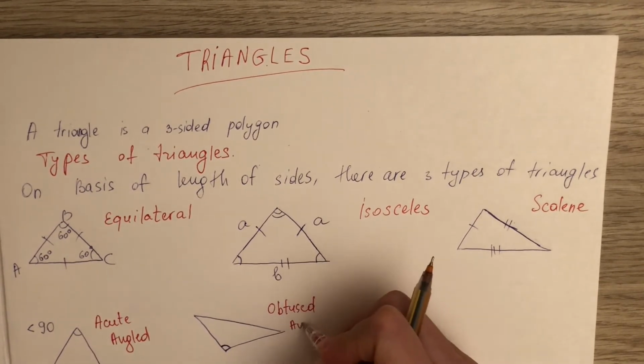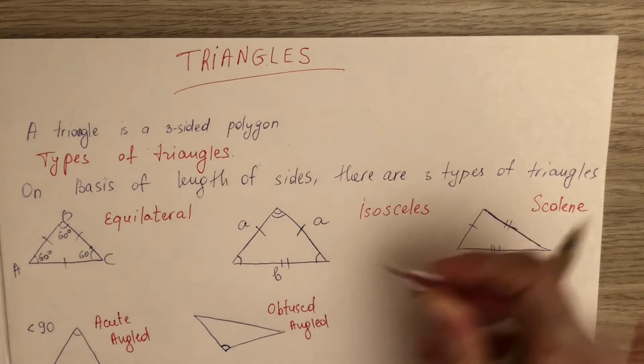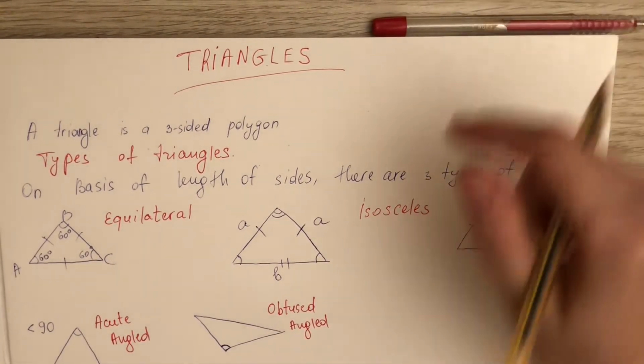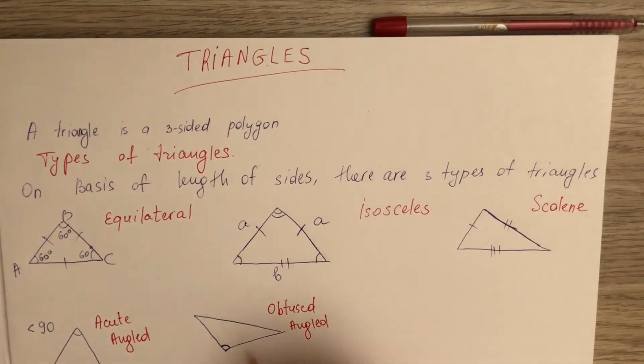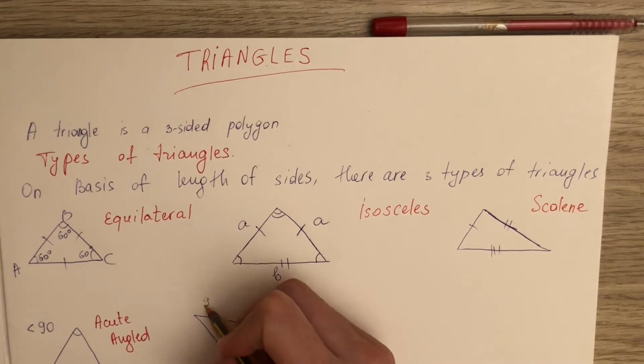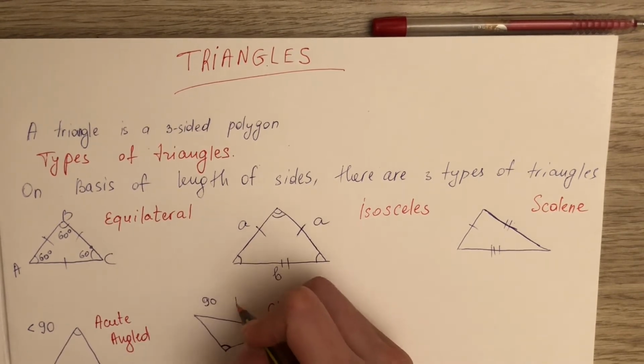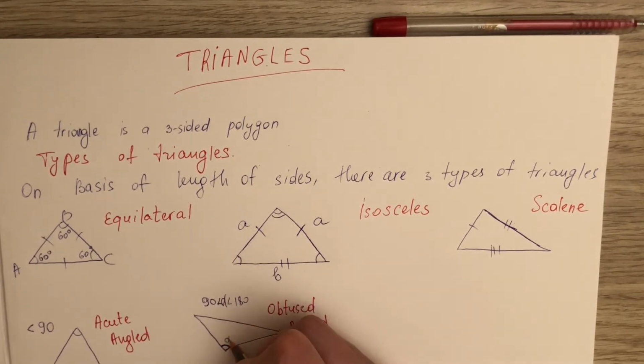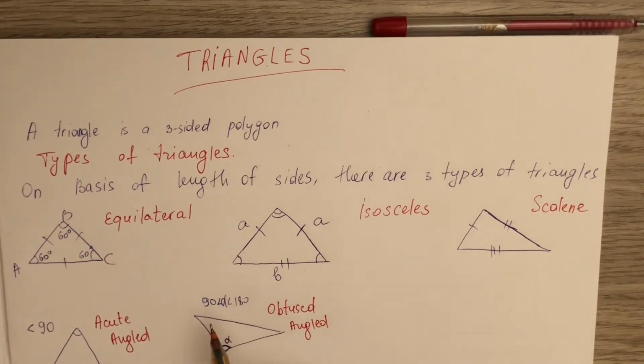And as you know, an obtuse angle is an angle between 90 and 180. Let this be angle alpha. Alpha is between 90 and 180. And right angle triangle.